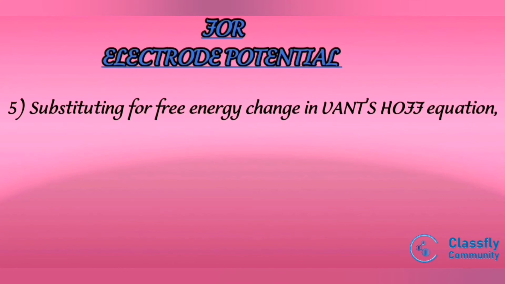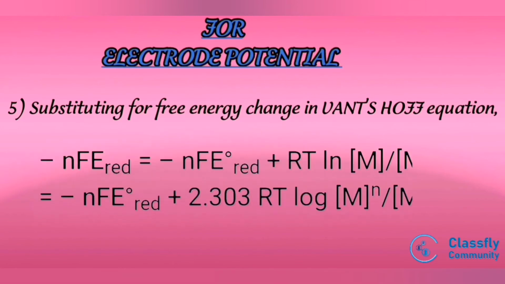Fifth step is substituting for free energy change in the Van't Hoff equation, that is minus NFE reduction equal to minus NFE0 reduction plus RT ln M divided by Mn+, that's equal to minus NFE0 reduction plus 2.303 RT log M divided by Mn+.